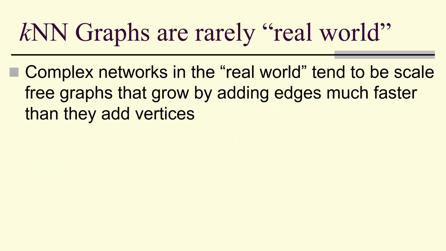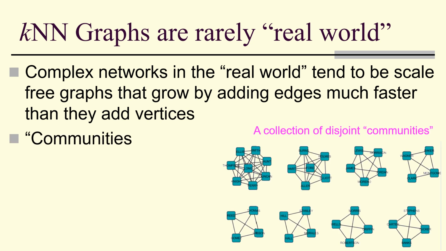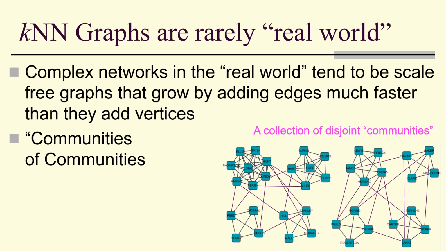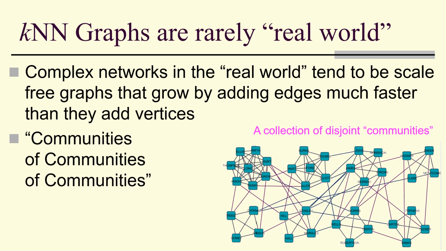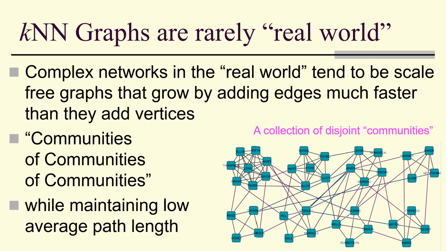Complex networks in the real world tend to be scale-free, growing by adding edges much faster than they add vertices. They have communities of communities of communities while maintaining low average path length.